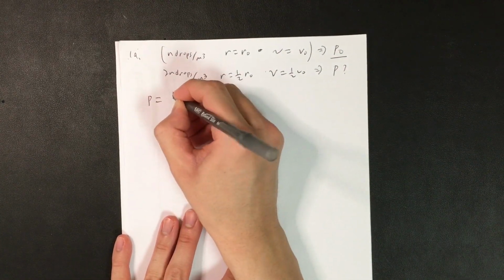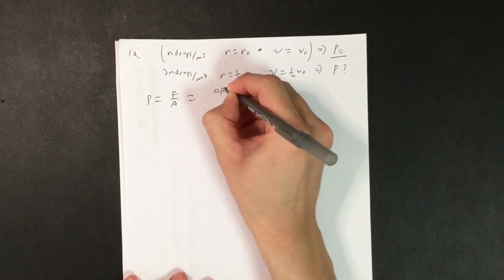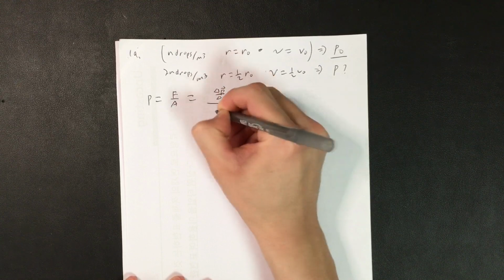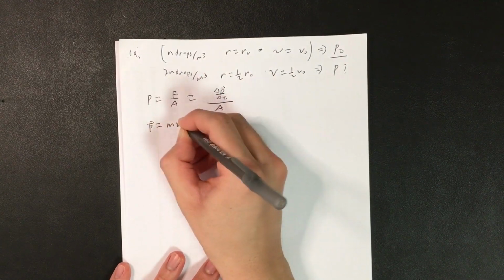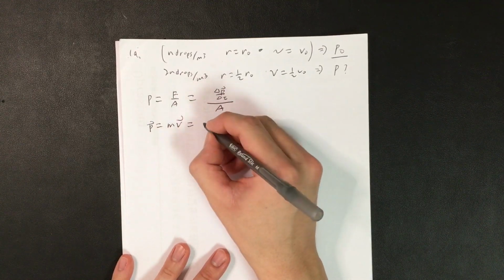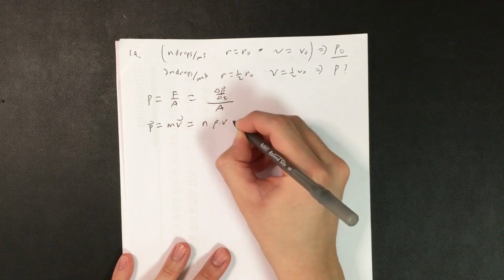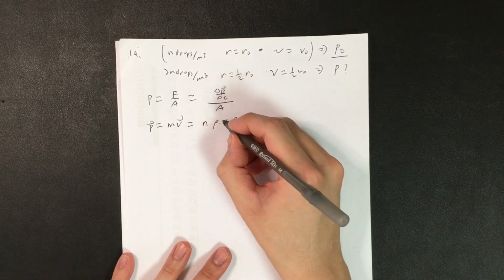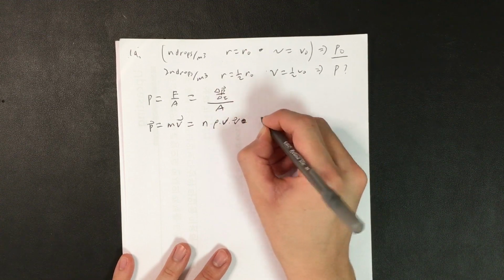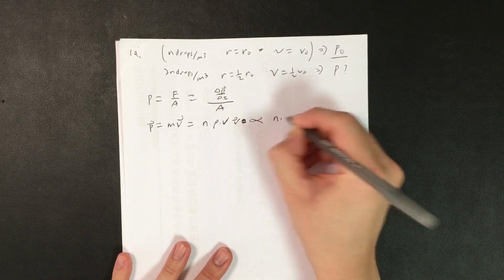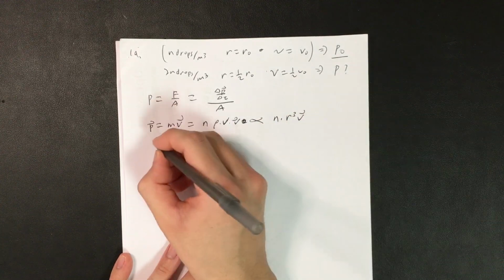Remember that pressure equals force over area, and force was defined as change in momentum over change in time. Momentum was equal to mass times velocity. Total mass of the raindrops equals n times the density times volume, times velocity. And remember that volume is proportional to r cubed, in which momentum will be proportional to the number density times r cubed times velocity.